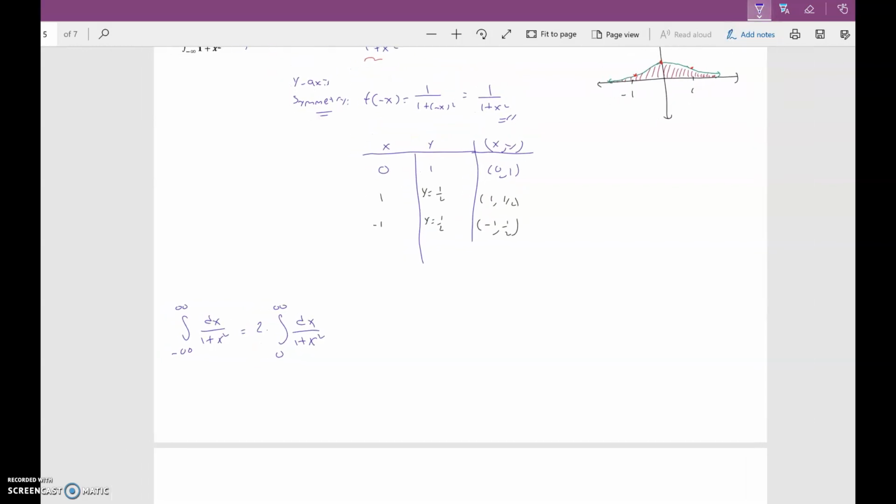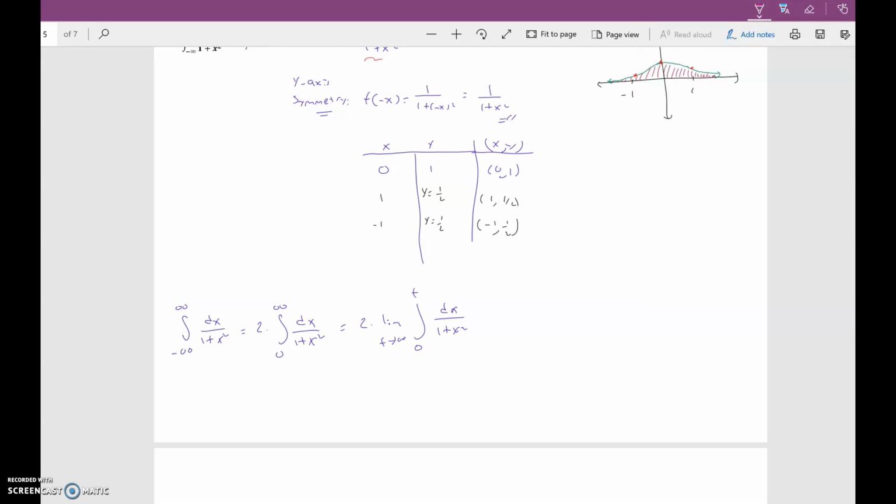And if we translate this to what it represents, this is equal to 2 times the limit as t approaches infinity of the integral from 0 to t of dx over 1 plus x squared.